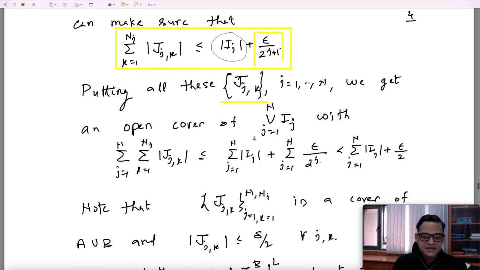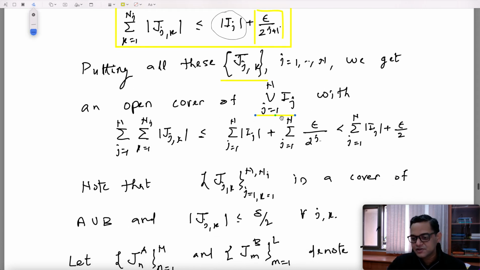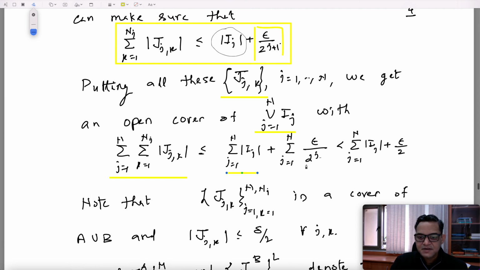This is a cover of the union of Ij, and hence also a cover of A union B, correct? If you measure the sizes, this is going to give you the total size of the Ij's plus these numbers which I had written here. But here I had written 2 to the power j plus 1, so let me correct it: this is 2 to the power j plus 1.